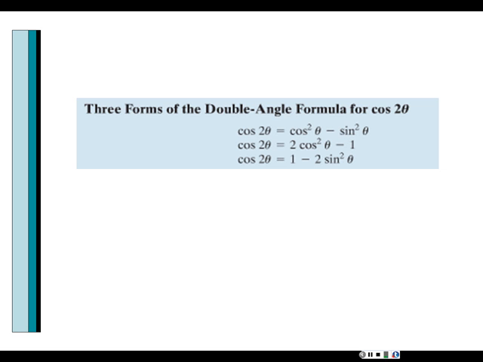And similarly, cos 2 theta equals cos squared theta minus sine squared theta. Now if you replace the sine squared theta by 1 minus cos squared theta here, what happens?